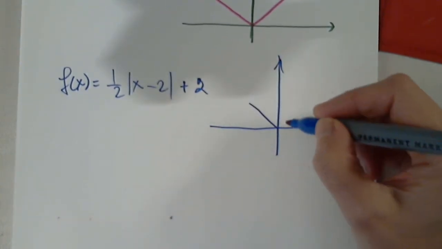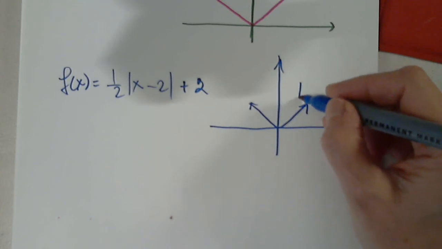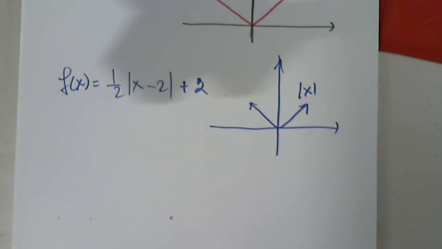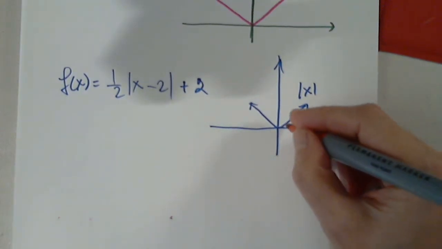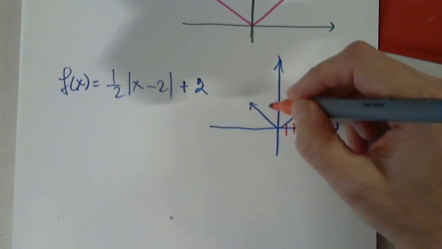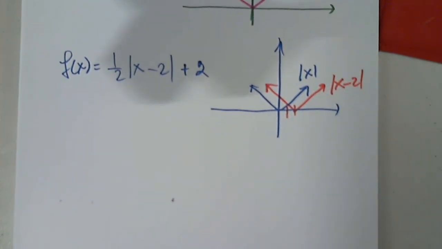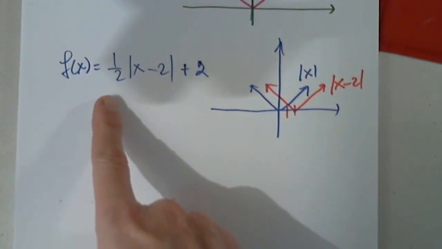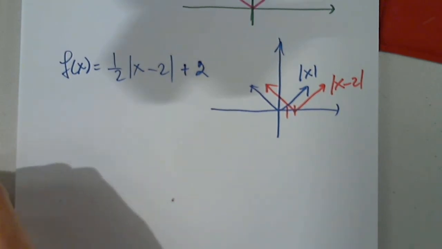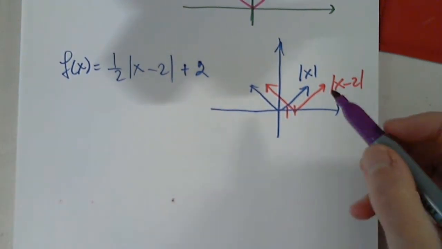I graph the base function, which is the absolute value of x. In order of operations, I have to shift the graph 2 to the right. This is the absolute value of x minus 2. Then I have to shrink the graph by a factor of 1/2, no problem.